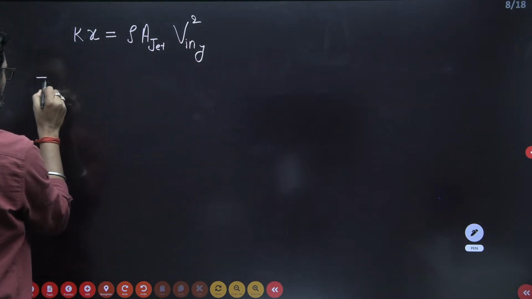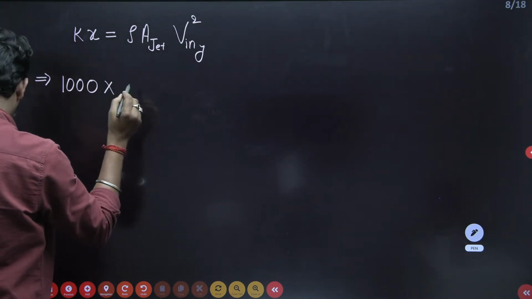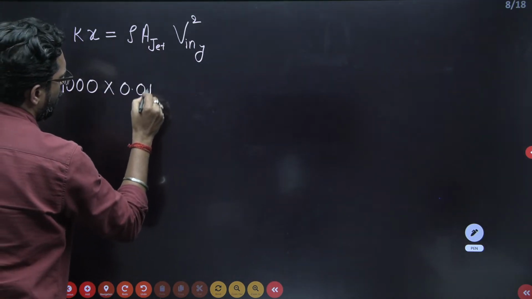Put all these values. K you have 1000. Static deflection you have 0.01.